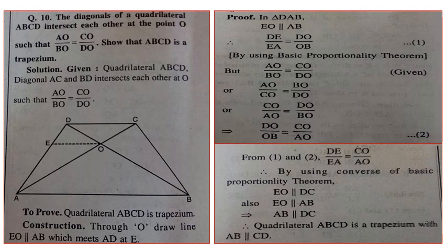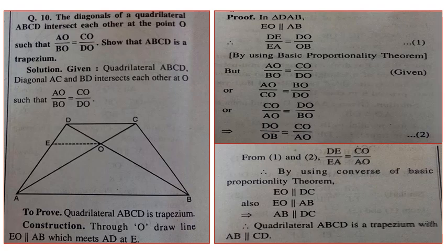It shows that EO divides the sides AD and AC of triangle ADC in the same ratio. Therefore, by the converse of BPT, EO parallel to DC.